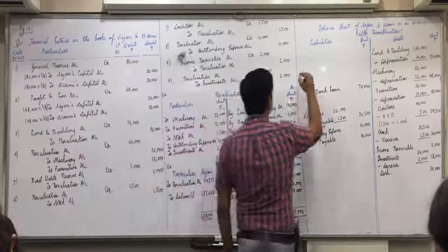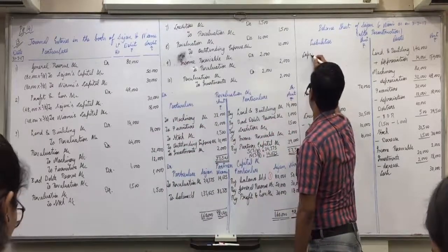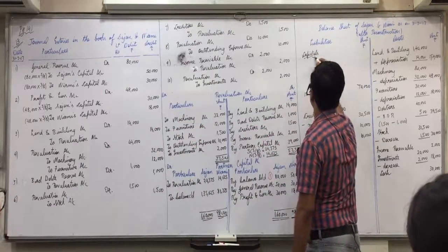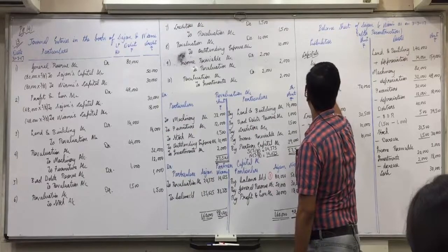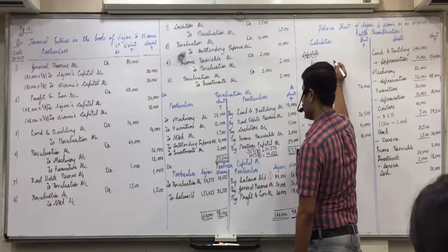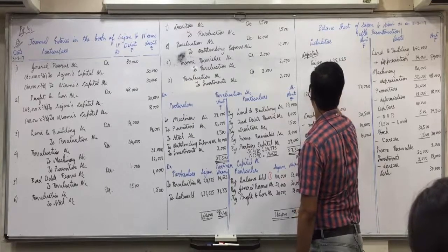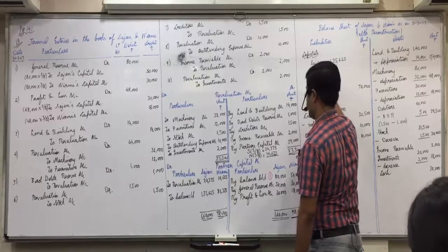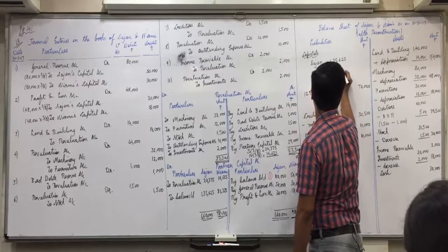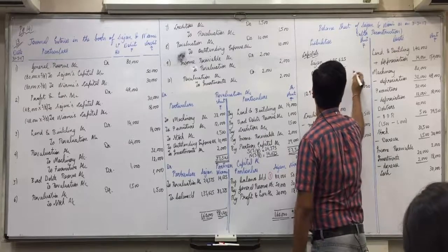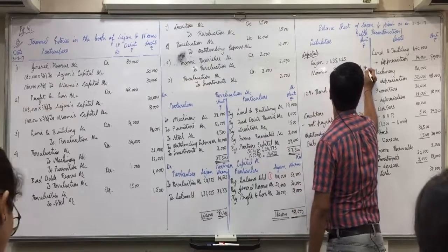And this we will write on the liabilities side. Capitals: Sajan 135,625, Nirmi 83,375, total 219,000.